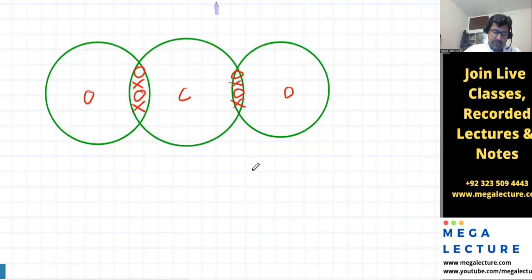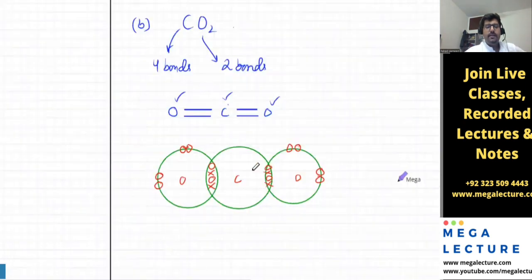So I should draw 4 more electrons for this. And this oxygen over here as well, if you look around it, it's got 4 electrons. It should have 8 electrons. So I'm going to draw 4 more electrons around it. And that's my dot and cross diagram for carbon dioxide.